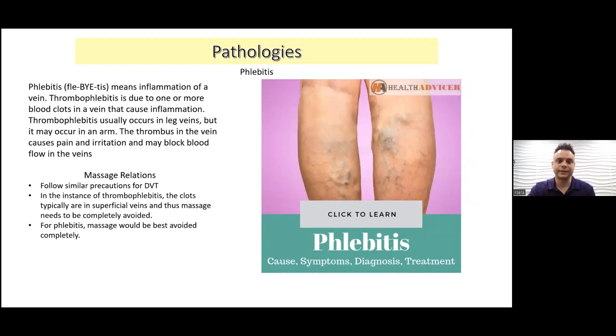But in this case, phlebitis is an inflammatory condition of the veins in the lower leg usually, and it can be associated with blood clots and so many other things. So no matter what, it's usually a pretty serious condition that you'd want to just avoid and have them get treated for.